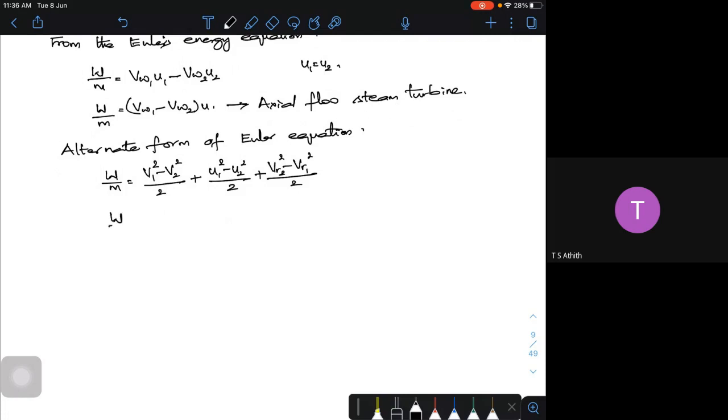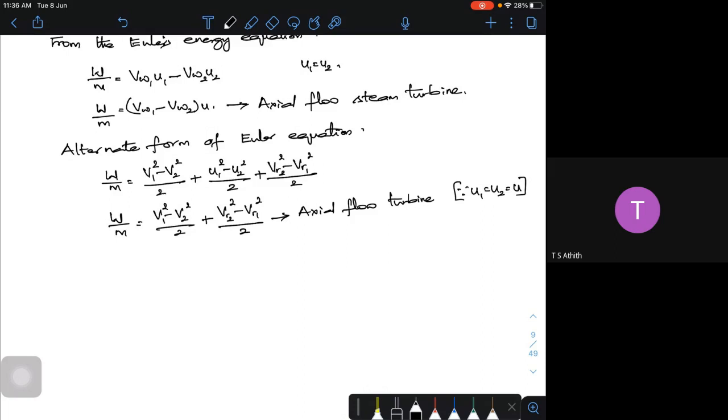So W by M will be equal to V1 squared minus V2 squared by 2 plus VR2 squared minus VR1 squared by 2 for an axial flow turbine, because U1 is equal to U2 is equal to U. I do have a single blade velocity. Got it? So like this, we will get the expression.